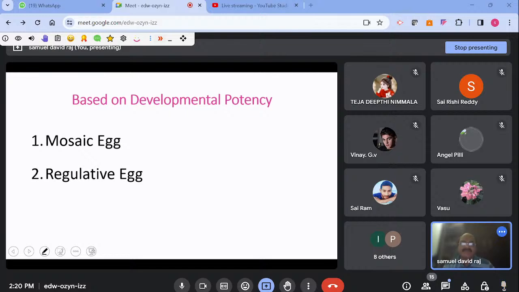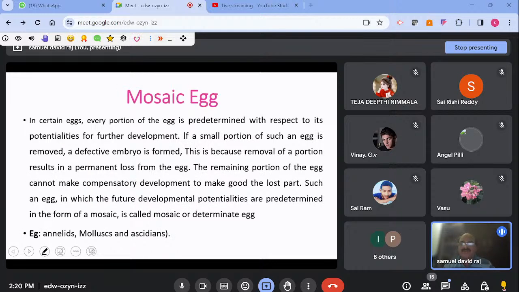And based on developmental potency, eggs are again divided into two types: mosaic egg and regulative egg. The development of the individual from these is called mosaic development and regulative development respectively. In a mosaic egg, remember this, every portion of the egg is predetermined with respect to its potentiality for further development.